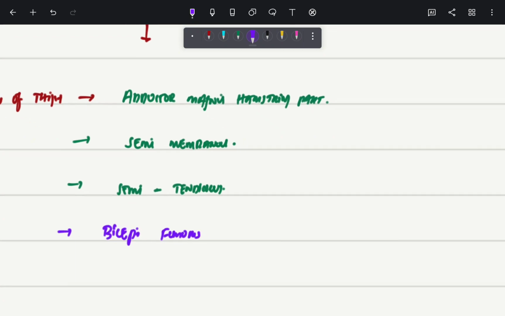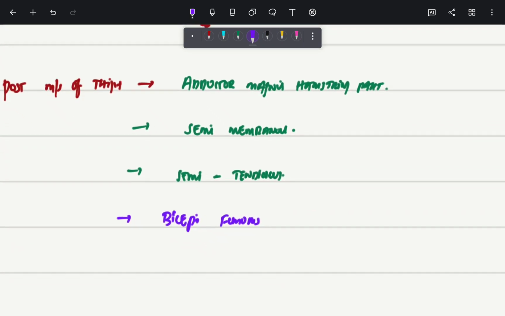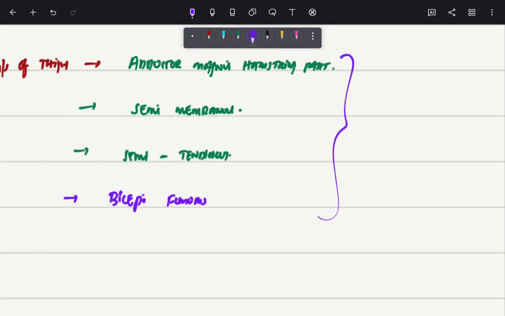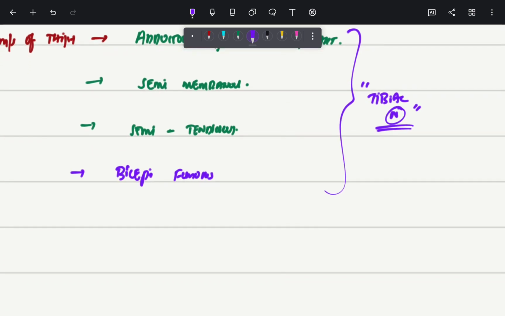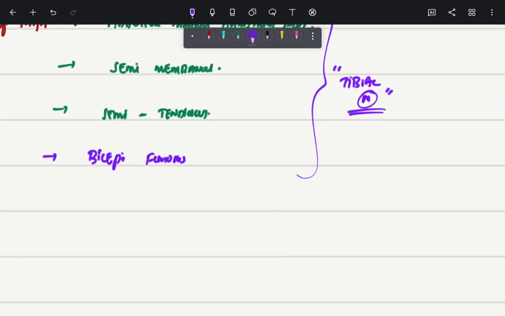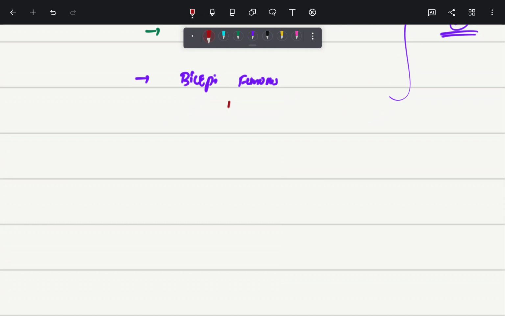All the muscles in the posterior compartment are supplied by your tibial nerve. The only exception here is your biceps femoris short head, which is supplied by your common peroneal nerve.